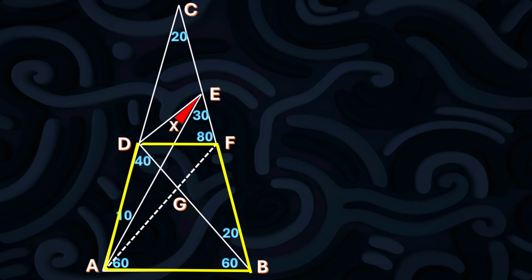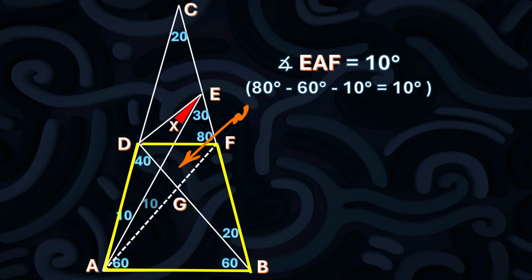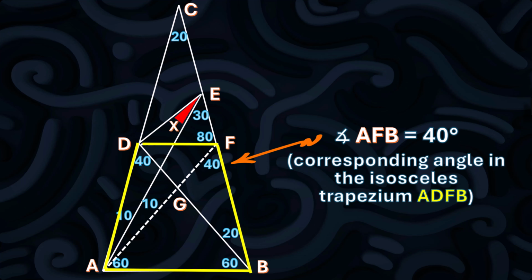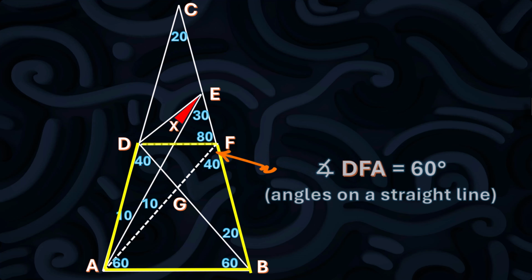Now we're going to identify a few other angles. EAF equals 10 degrees, and AFB is 40 degrees because it's the mirror image of angle ADB. And because of angles on a straight line, angle DFA will equal 60.